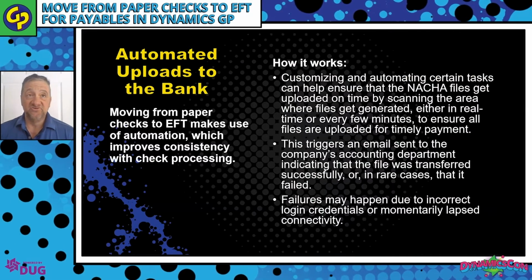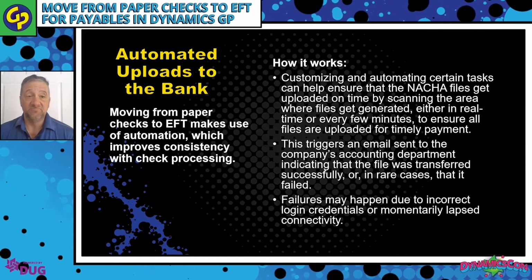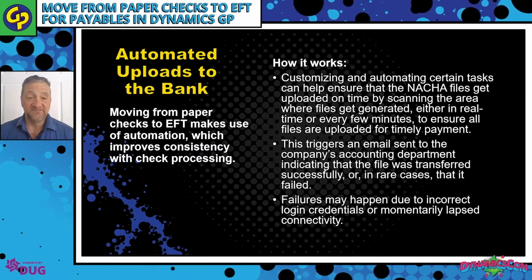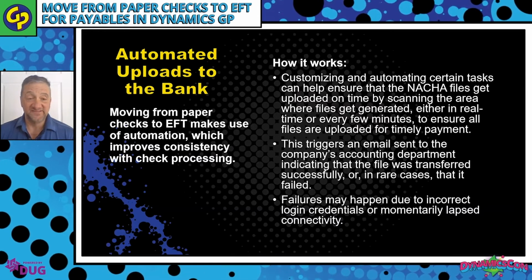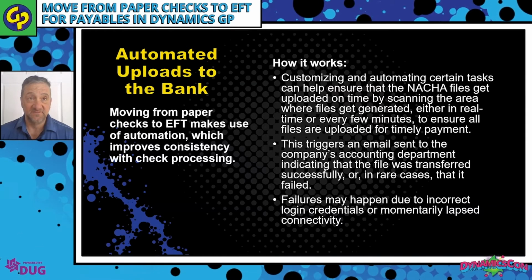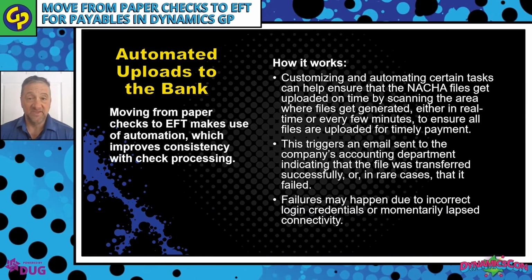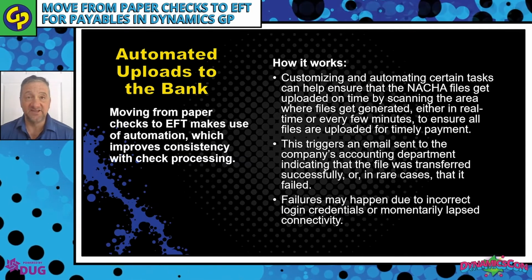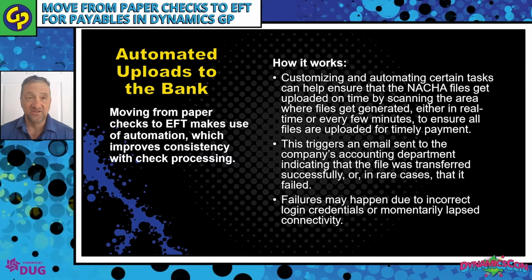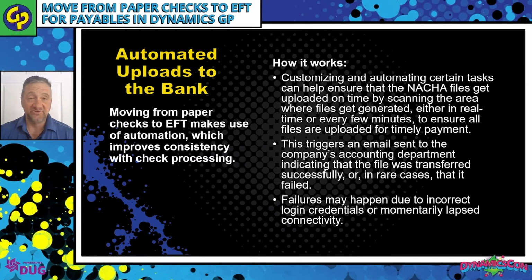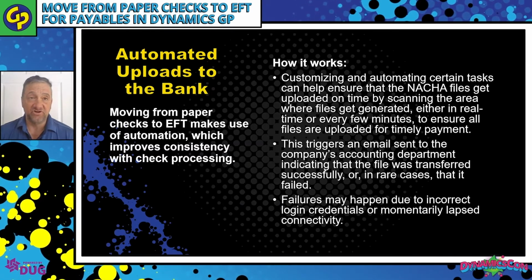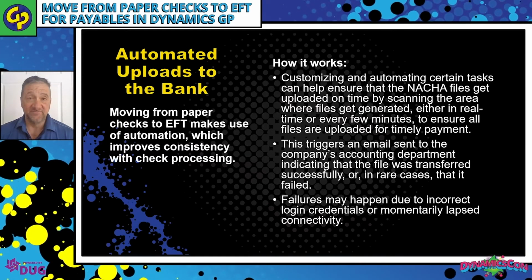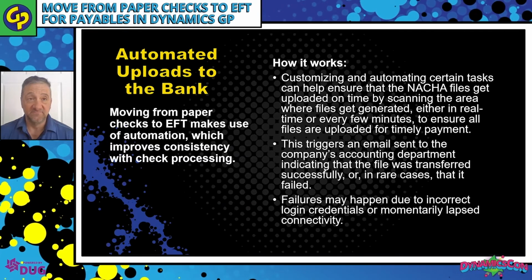EFT allows us to do automated, repetitive tasks. Moving from paper checks to EFT makes use of automation, which improves consistency with check processing. Customizing and automating certain tasks can help ensure that the Nacha files get uploaded on time by scanning the area where files get generated, either in real time or every few minutes, to ensure all files are uploaded within a timely basis for payment.